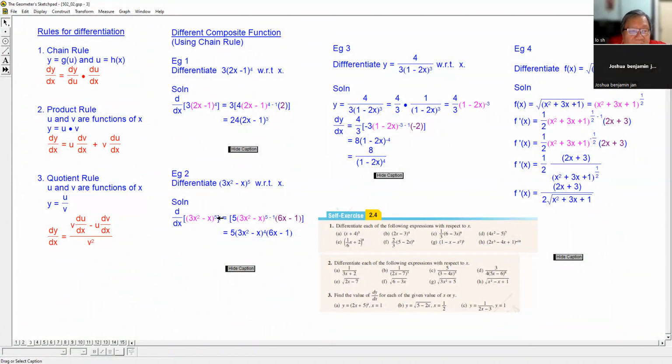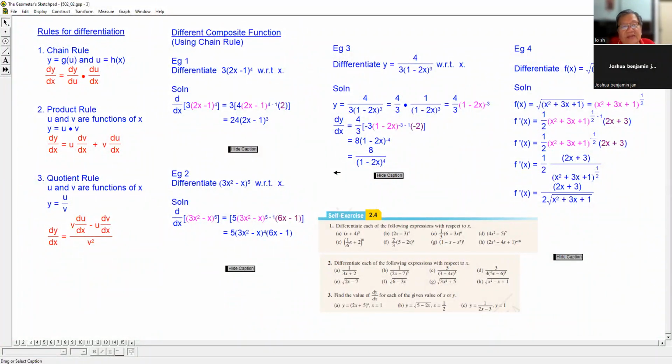Differentiate the bracket. 5, you put in front. Then the power 5 less by 1, so it's 4. Okay, so this is the first step. Second step, you have to differentiate what is inside the bracket. Differentiate inside the bracket, 3x squared becomes 6x. Negative x becomes negative 1.